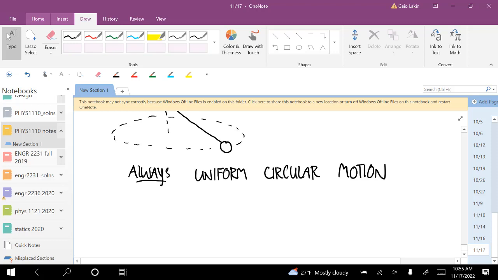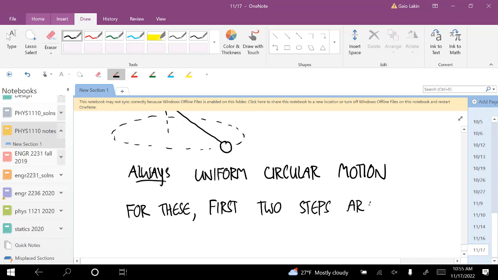And so for this, the first 2 steps are different.